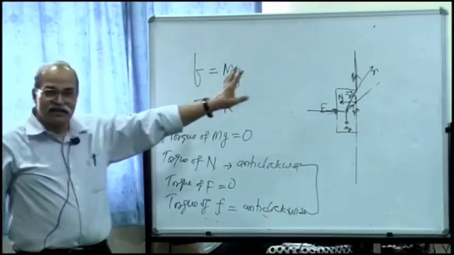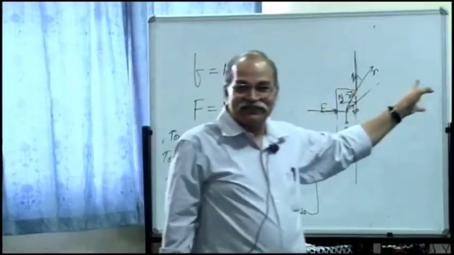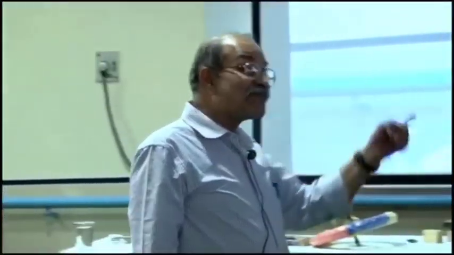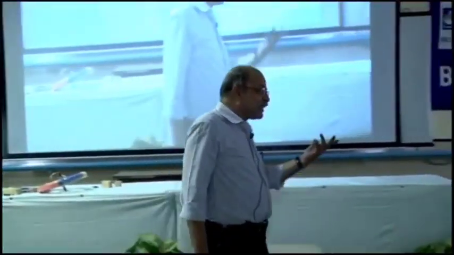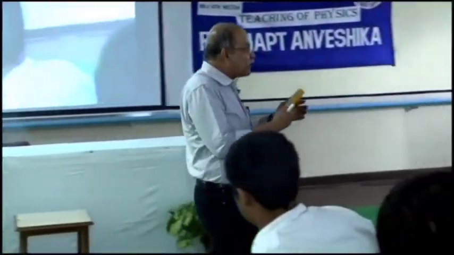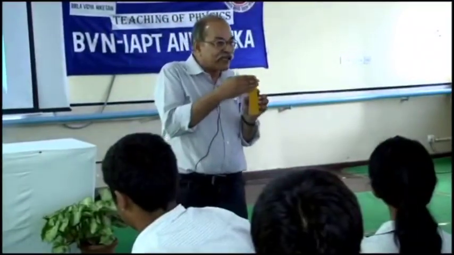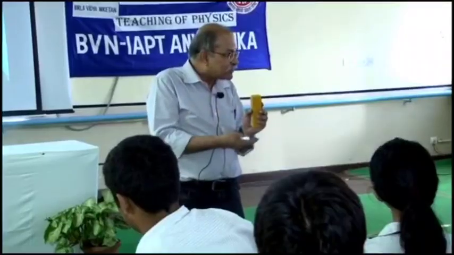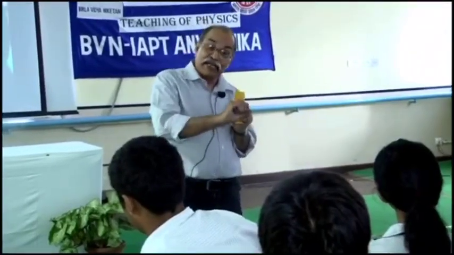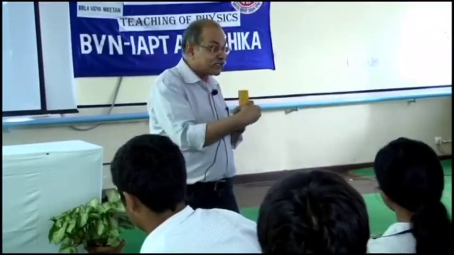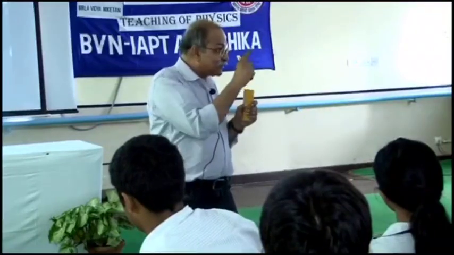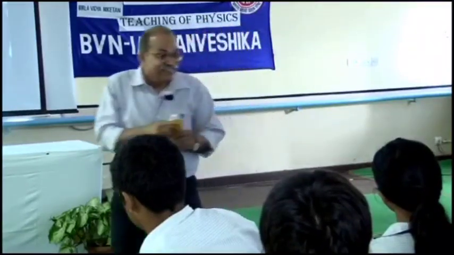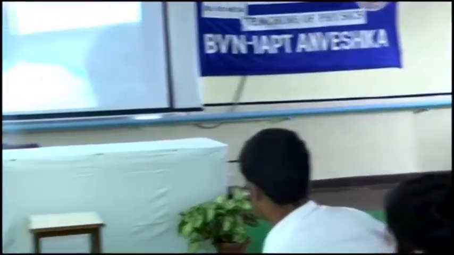So somewhere this picture is wrong. What should I do? I have to shift the normal reaction. Friction I cannot do anything, friction will be applied only where the surfaces are in contact. Gravity I cannot do anything, that will be from the center of mass. Capital F I had already committed, I am applying at the center and perpendicular to the surface. It's only the normal force. So this normal force is not from here.